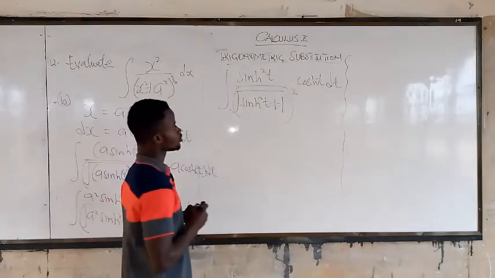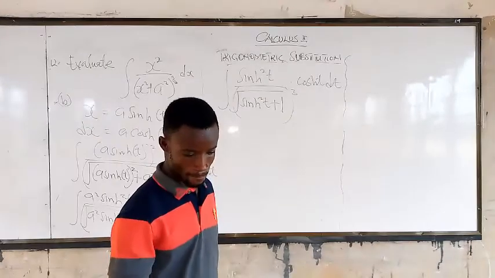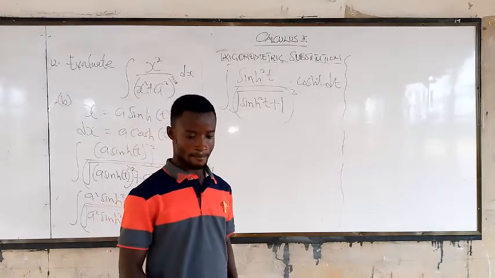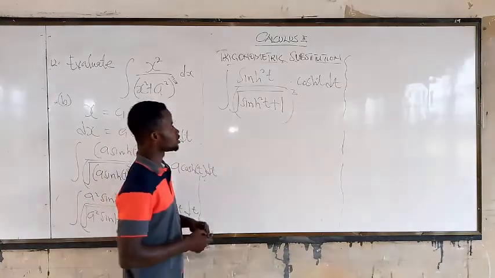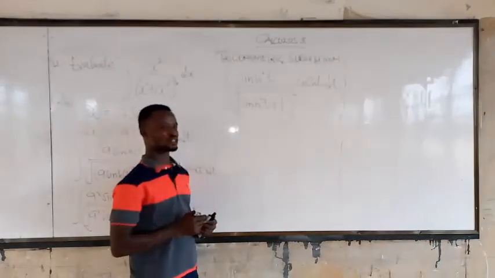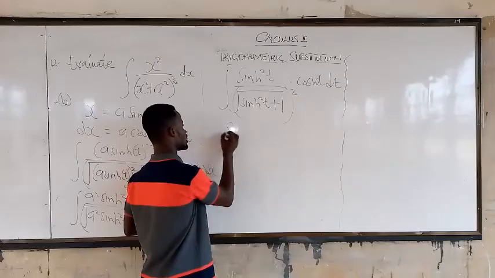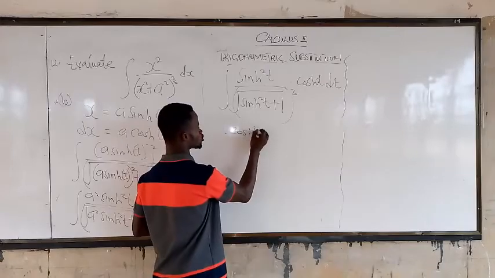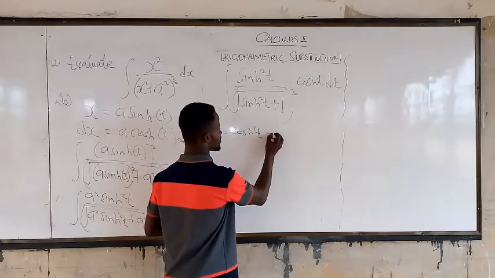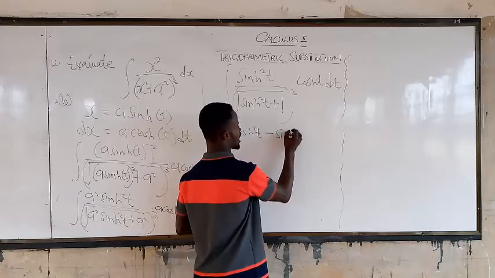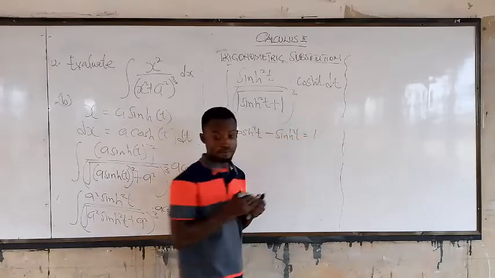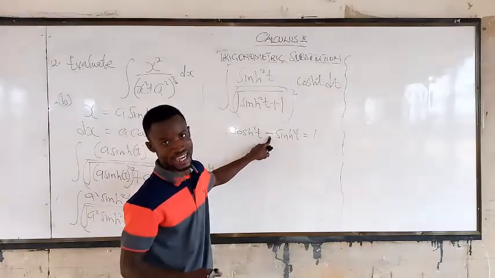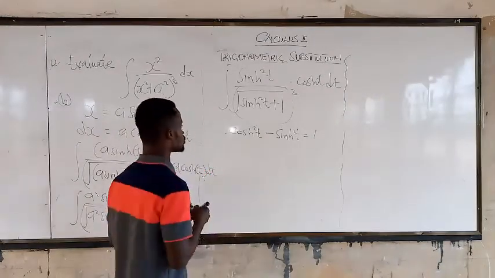But don't forget, this is not the same as the trig identity. So we know that cosh squared t minus sinh squared t is equal to 1. Please, I beg you, here it is not plus, it's minus. This is hyperbolic substitution.